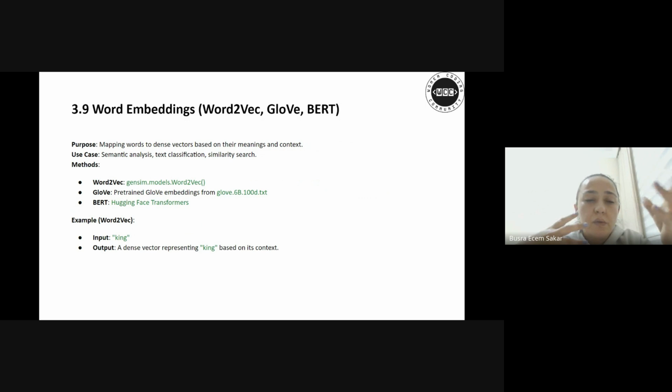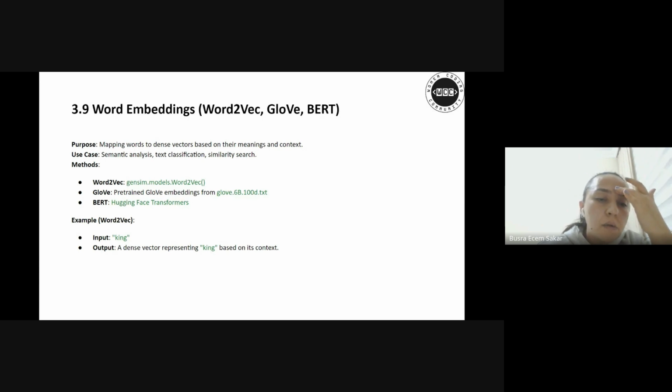But how do word embeddings understand the meaning of words? Basically, it's based on the idea that words used in similar contexts tend to have similar meanings. For example, if you see the word king in sentences like the king rules the kingdom, the king and queen are royalty, the word king often appears near words like queen, kingdom, loyalty, right?